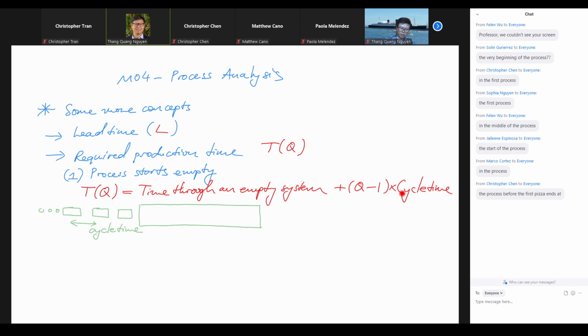At this point, I would like to make a note about the time through an empty system and how to calculate it. To determine it, you have to look at the structure of the process, so this number depends on the process structure.